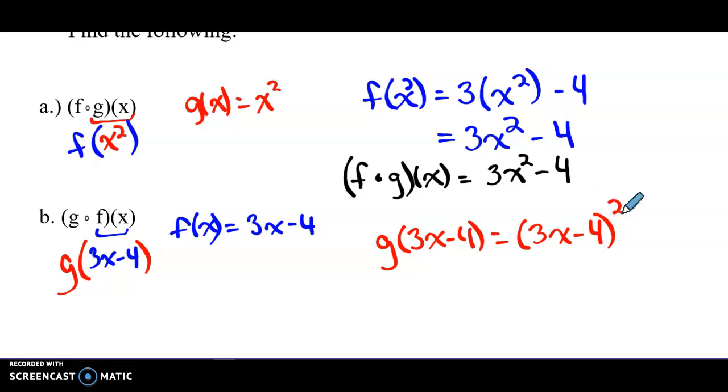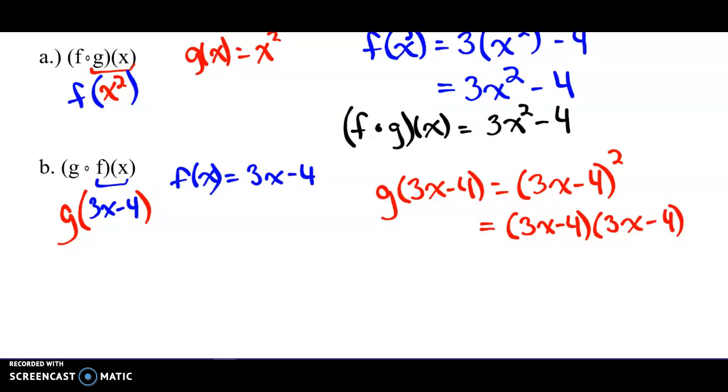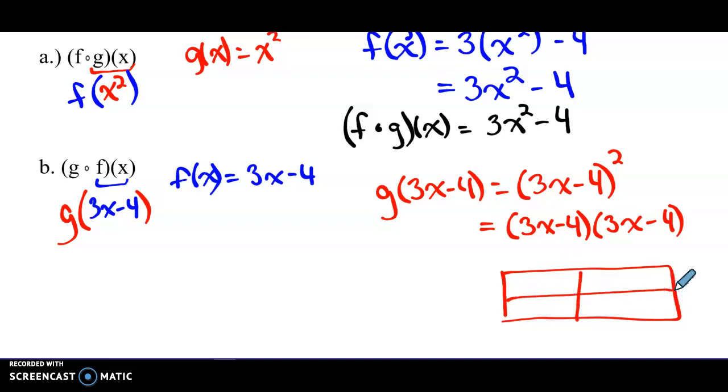If I do this, remember that means that I'm multiplying 3x minus 4 by 3x minus 4. And so one way you could solve this is by using our box method with the area model, where you have the first term 3x minus 4, and then on the side we also have 3x minus 4 for the second binomial.